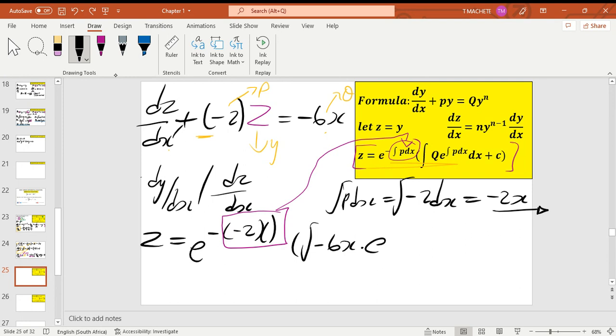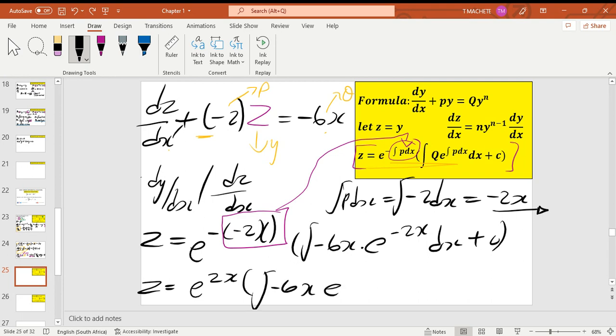So our integral of p dx is minus 2x. Then dx plus c there. And then your z will be equals to e to the power 2x into integration of minus 6x e to the power minus 2x dx plus c. Then let's proceed to the next step.